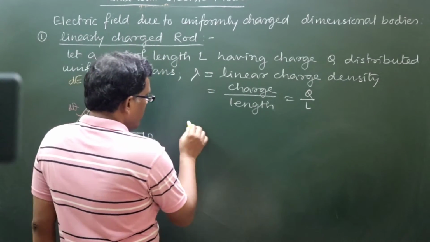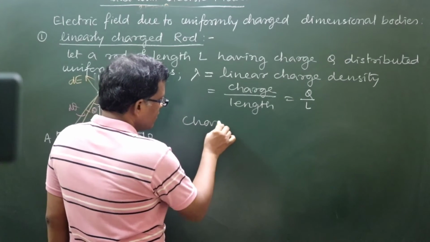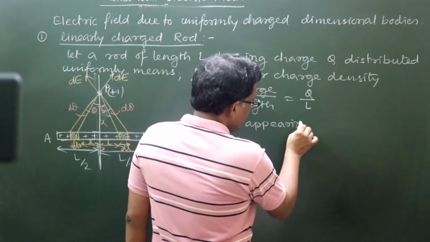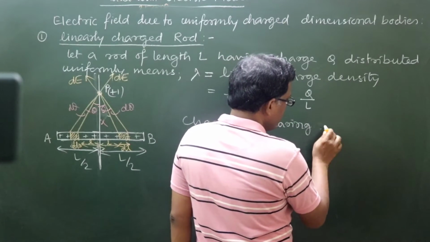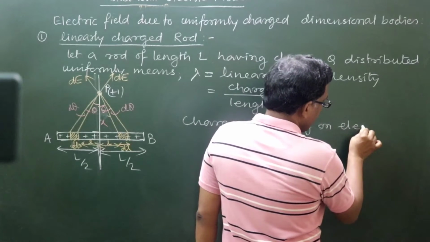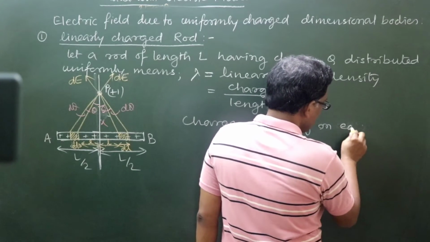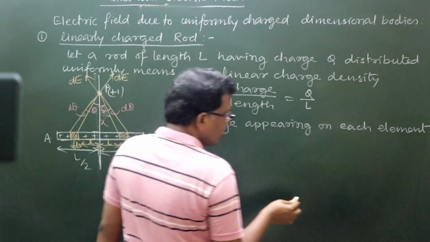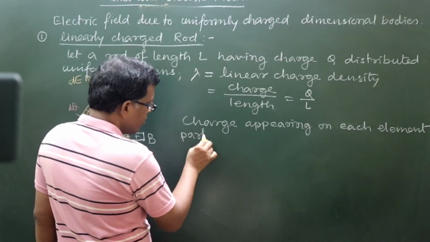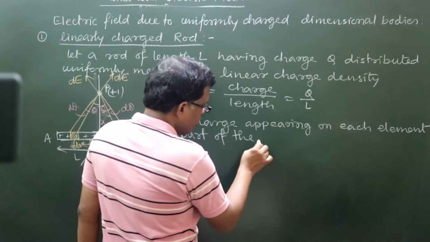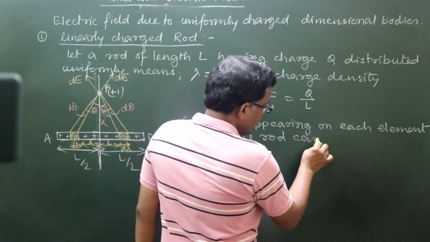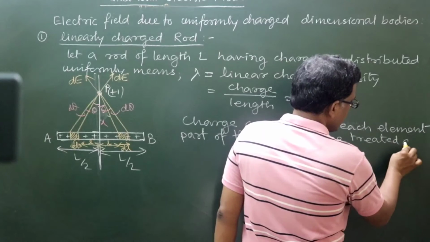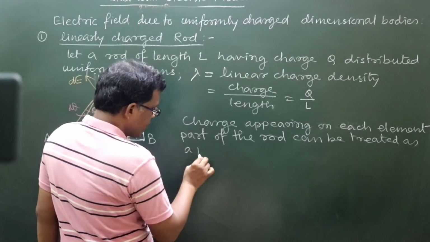So the charge appearing on each element part of the rod can be treated as a point object, right?